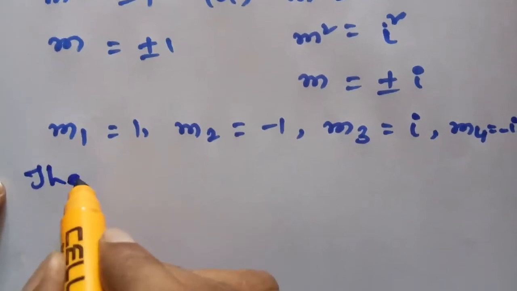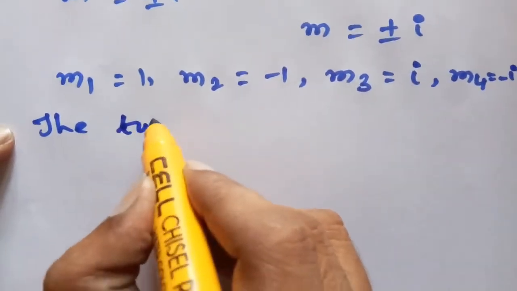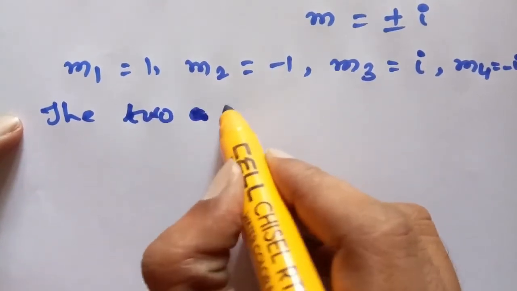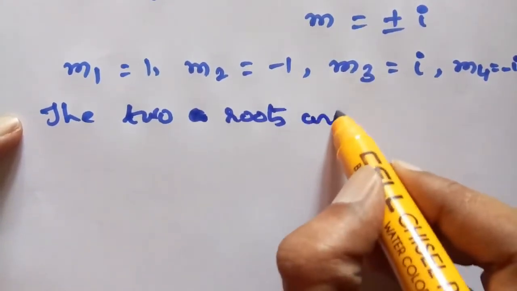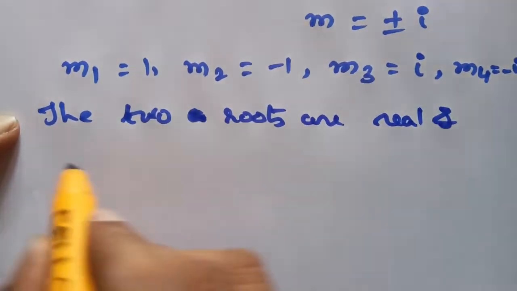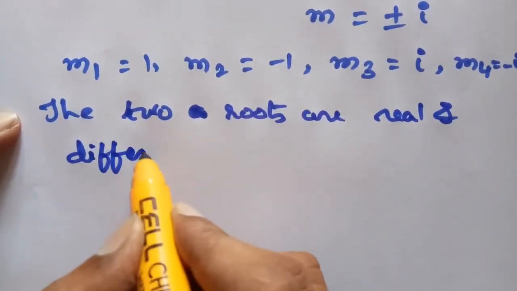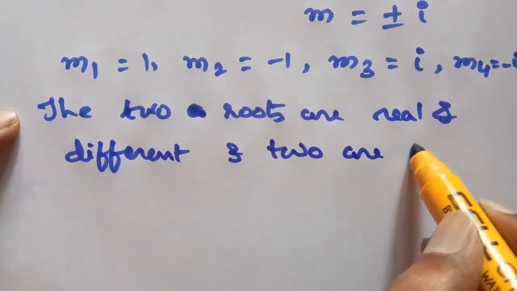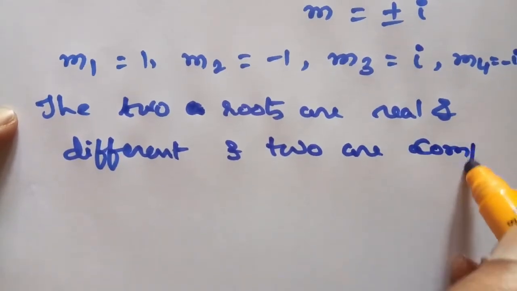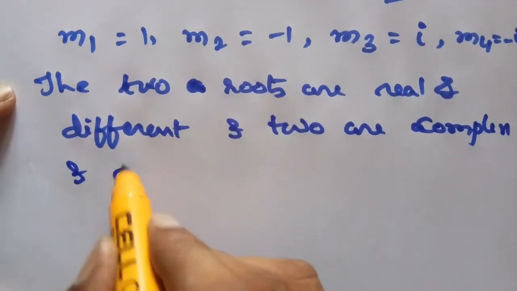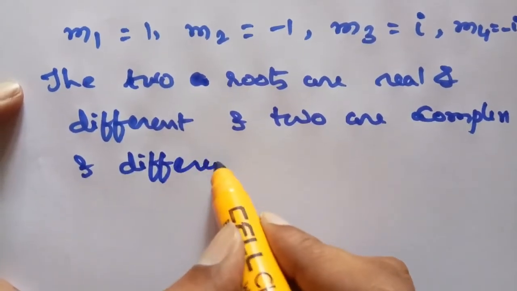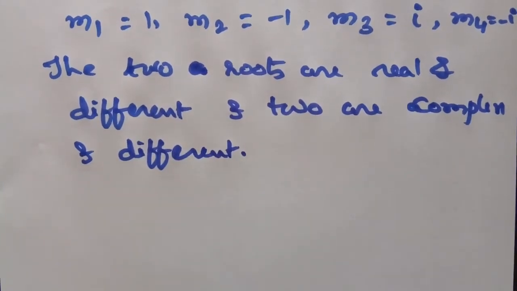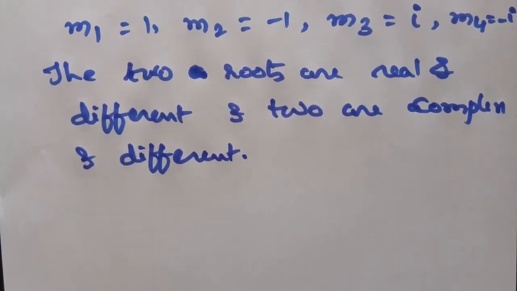Therefore, the two roots are real and different, and two roots are complex and different. In case 1, we already clearly explained either real roots or complex roots that are different.